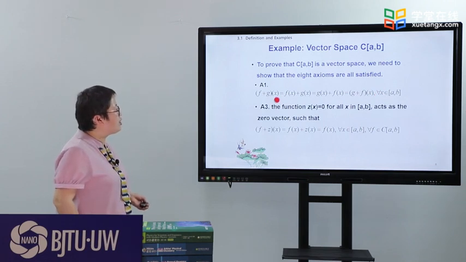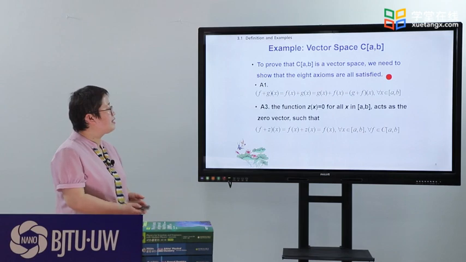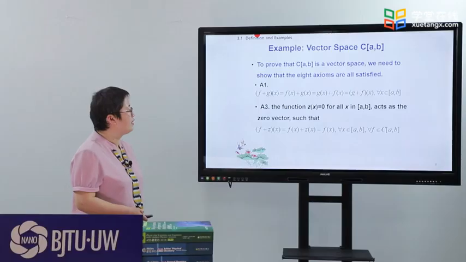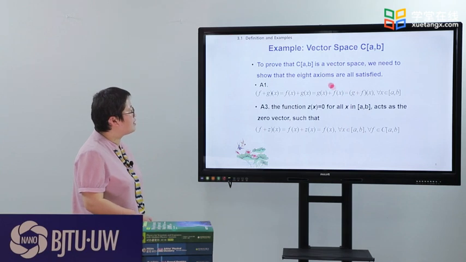Because (f plus g) function on x can be written as f(x) plus g(x). And because these are two function values, of course you can change the position. So it equals g(x) plus f(x). And g(x) plus f(x) can be written as (g plus f) function on x. Okay, so this is for addition, okay?